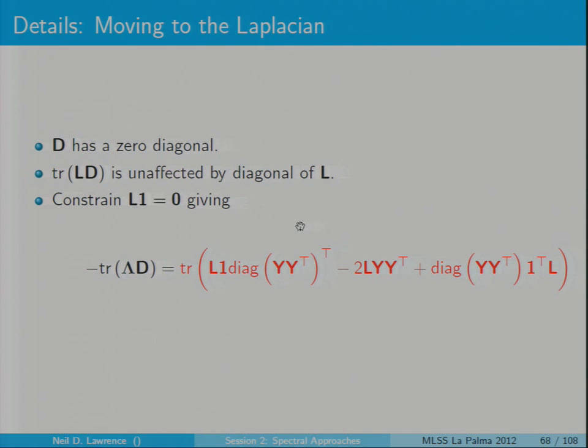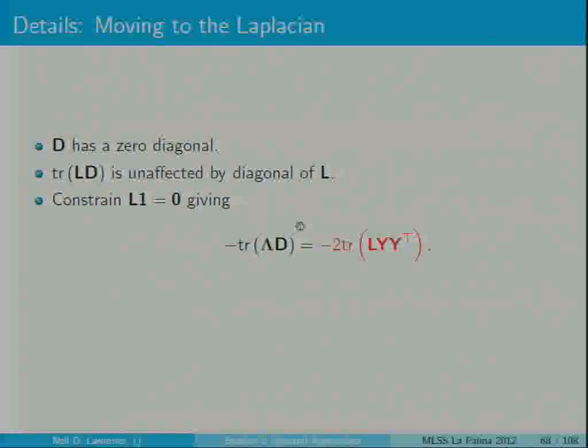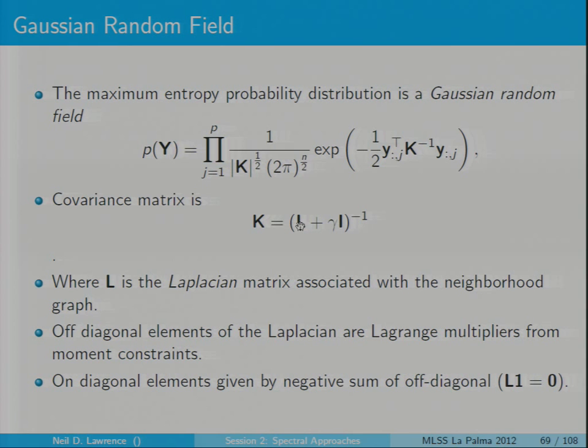And this is just the little proof I was doing before. So, because that's the case, you can cancel those two terms and recover that. So, the maximum entropy probability distribution under these distance constraints between neighbors is a Gauss-Markov random field with this covariance here.